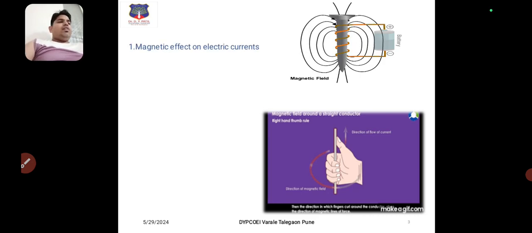Before we start the first unit, I would like to discuss a simple concept: what actually is current. The flow of charges is what we call current. The force required to make the charges flow is called voltage.